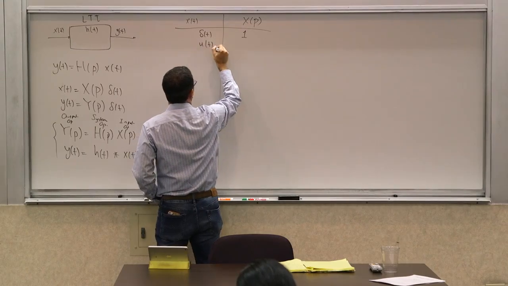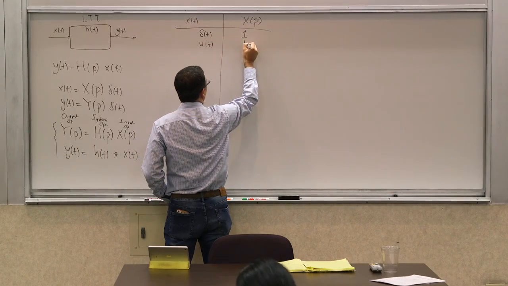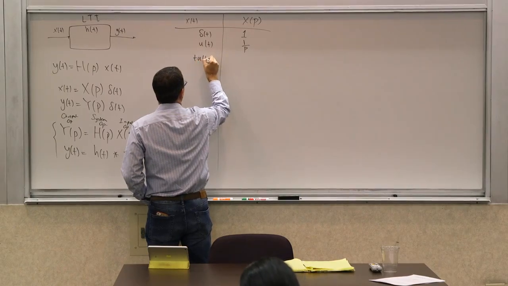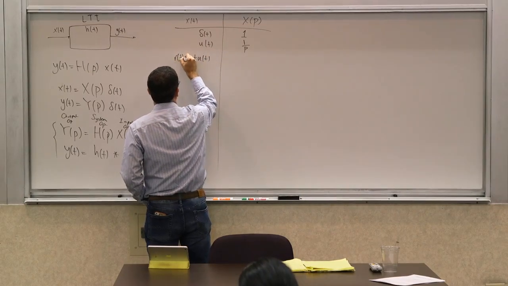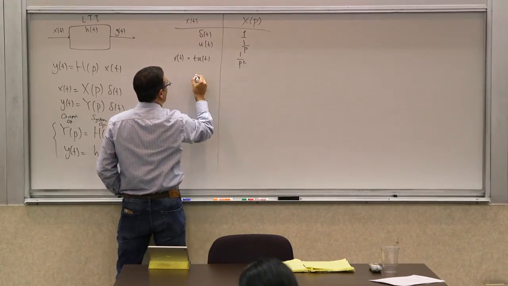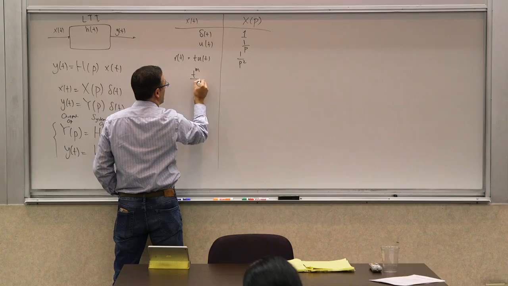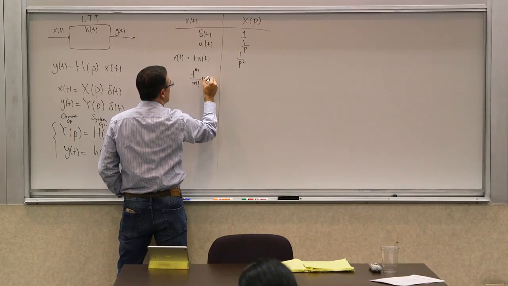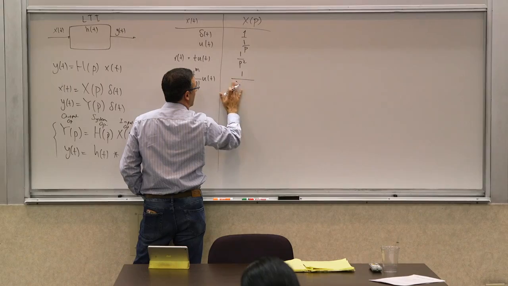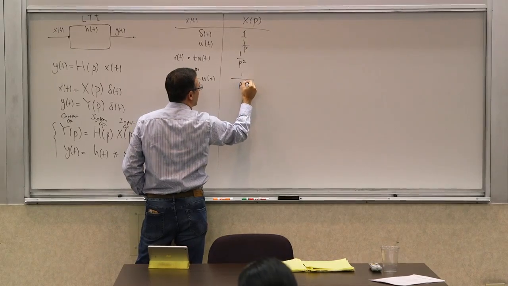If it was u of t, the unit step, the operator was what? 1 over p. For t u of t, which we also show as the ramp function r of t, it is 1 over p squared. In general, we said if you had t to the m over m factorial u of t, it was 1 over p to the power of m plus 1.